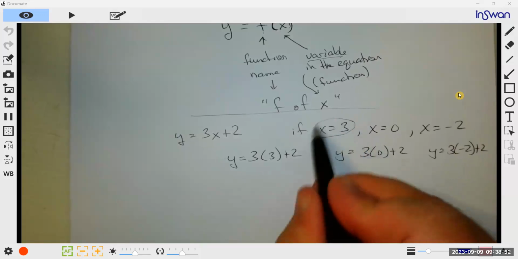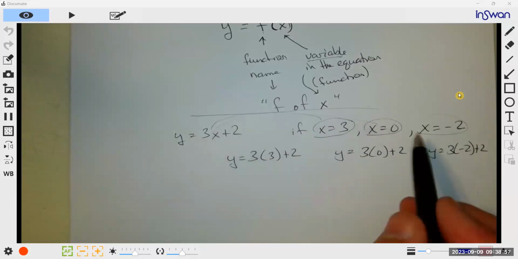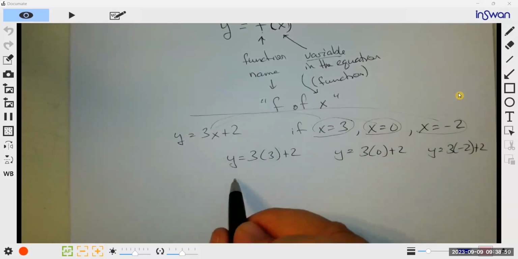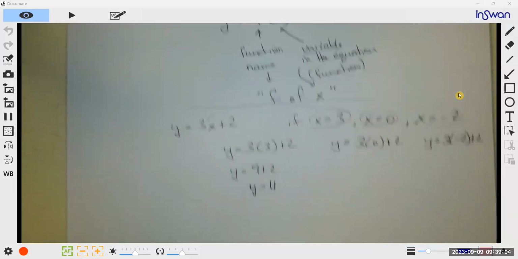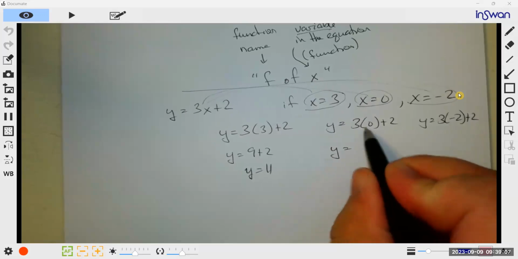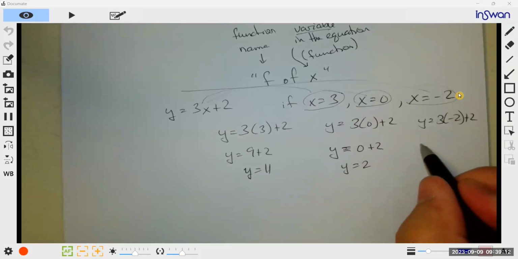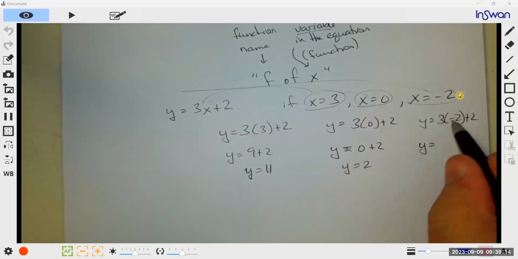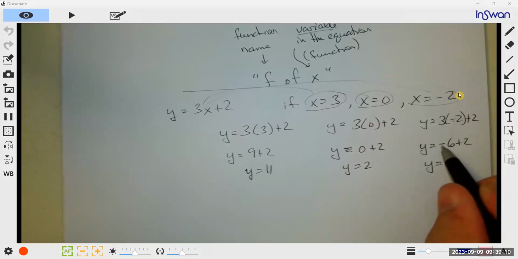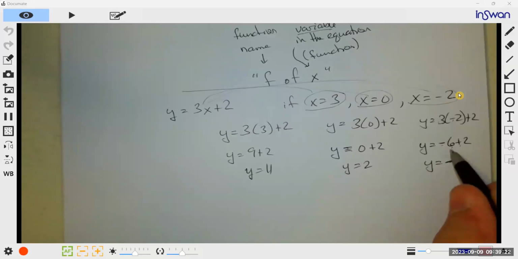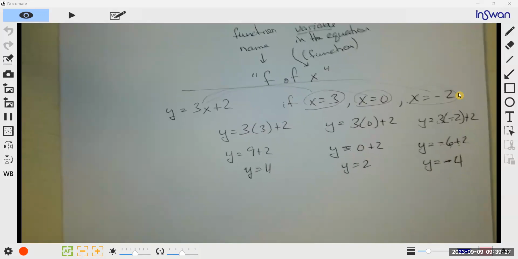So anywhere I see an x, I put those values. Then I work them out. 3 times 0 is 0. 0 plus 2 is 2. Positive times negative is negative. 3 times 2 is 6. Opposite signs, 6 is bigger. The answer is negative. 6 minus 2 is 4. Okay, we solved those, but what do they mean?